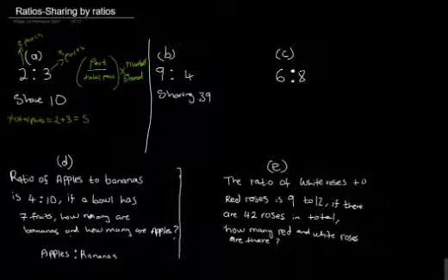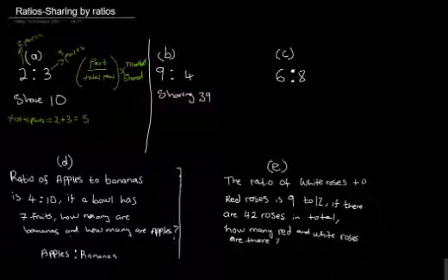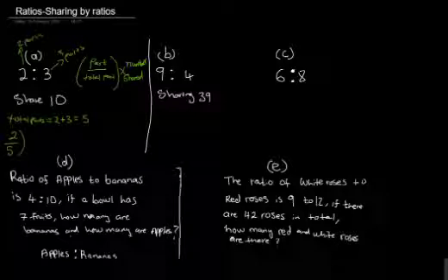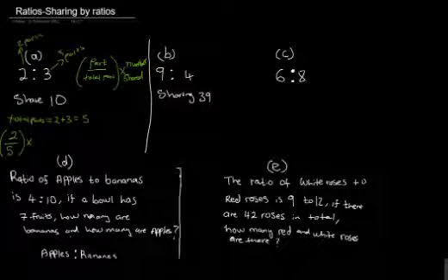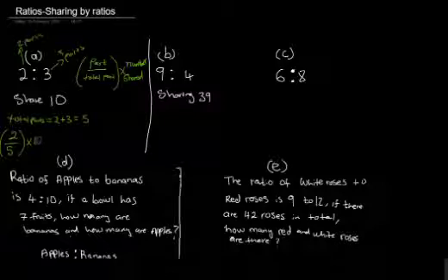So for the ratio of 2, you say 2, which is the part, over the total of the parts, and all of that is multiplied by the number that is being shared, and the number being shared is 10.